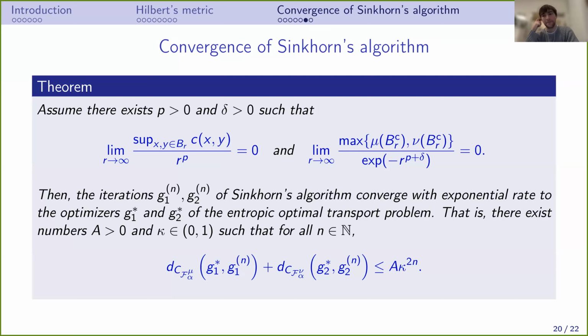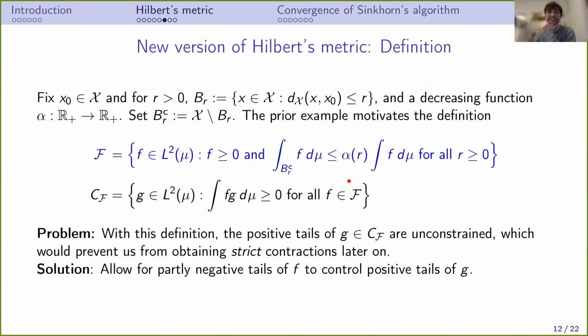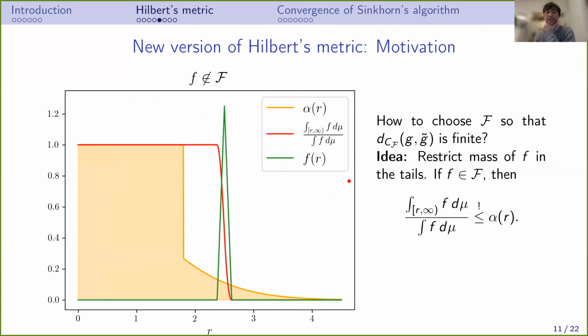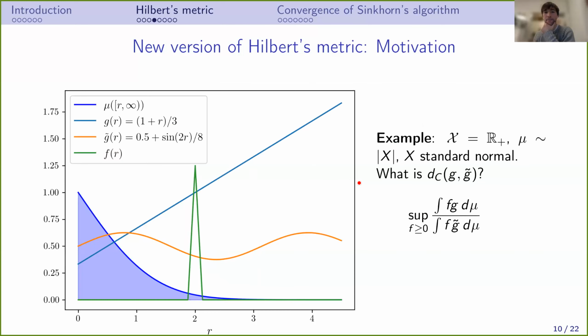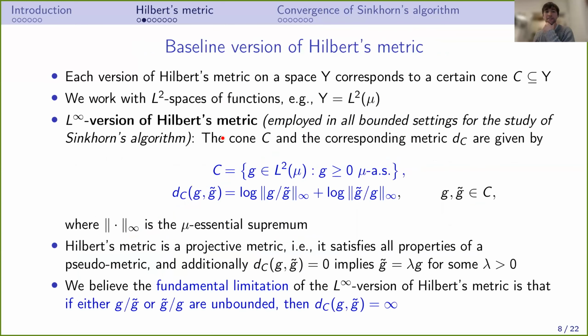Yeah, I mean, I hope I didn't violate anything which shouldn't work. But no, it wasn't like a theorem or something. Yeah, it was more some hand wavy. What I see is really that this L infinity version, let's say this baseline version of Hilbert's metric, shouldn't work in these unbounded settings. In theory, this version could also work, because it could happen in theory that all iterations of Sinkhorn's algorithm have precisely the same rate of growth.